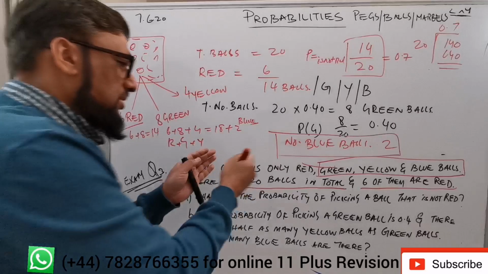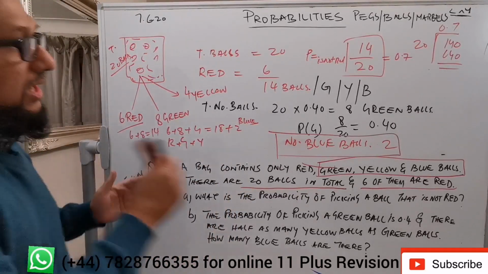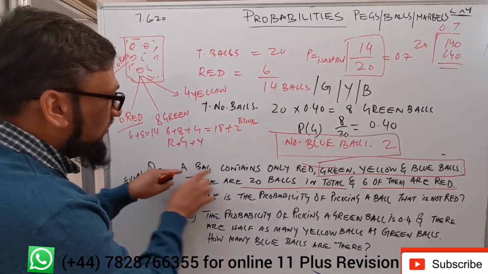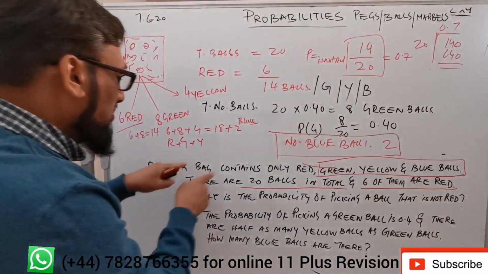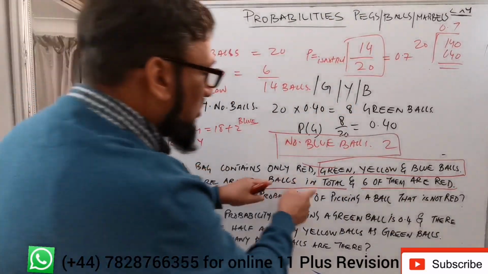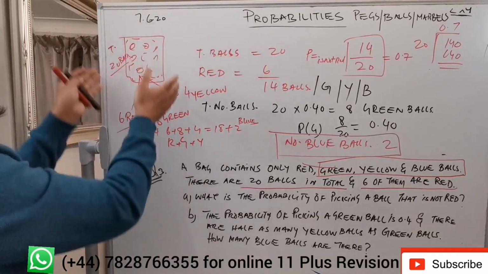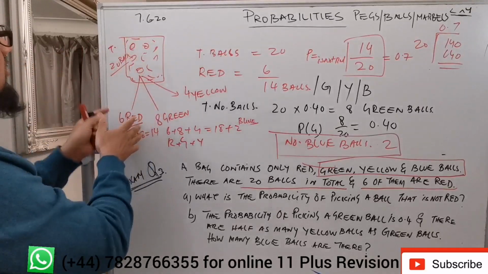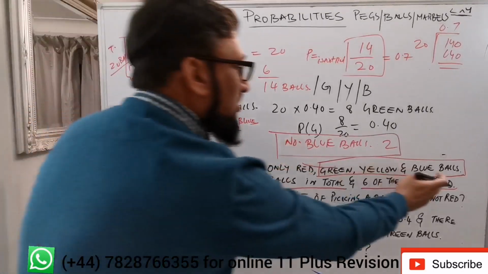So let me repeat the question again, okay? The question says a bag contains only red, green, yellow and blue balls. There are 20 balls in total. So there is a bag, and it has 4 different color balls, and the total number is 20, and 6 of them are red.